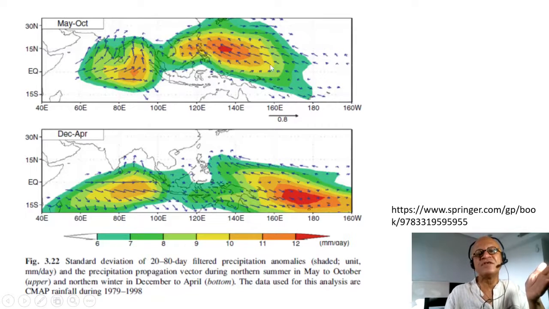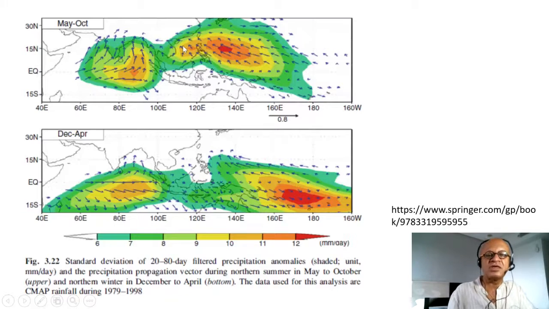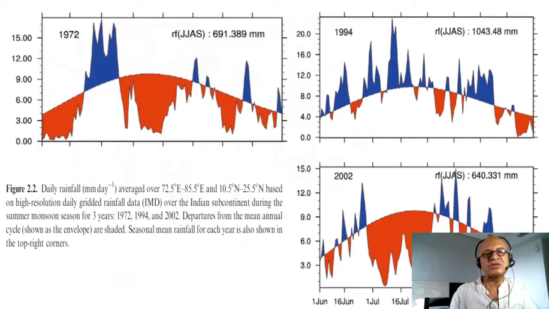Okay, and you have this direction here, which is related to our 10 to 20 day systems coming from here, and the large scale tilting structure that we see also with the 30 to 60 day band, right? So these are kind of questions that remain.